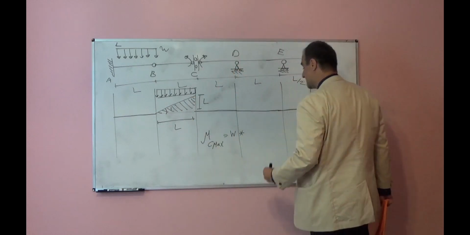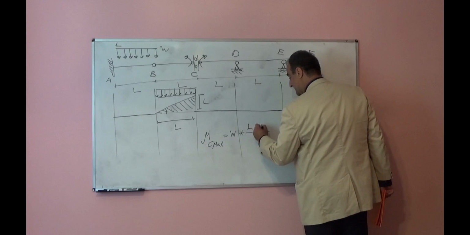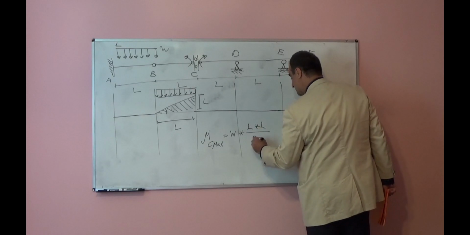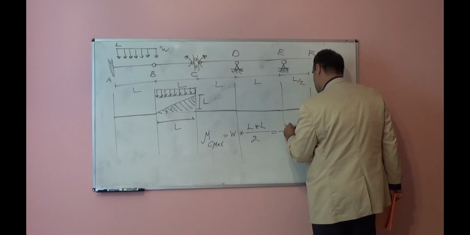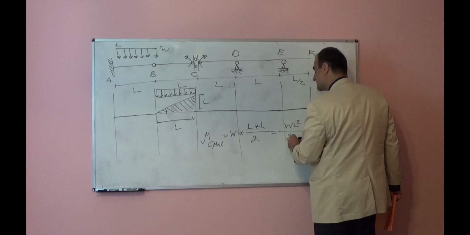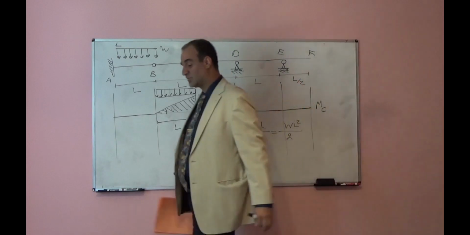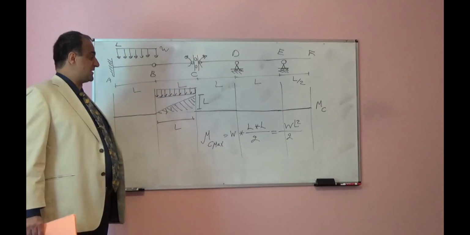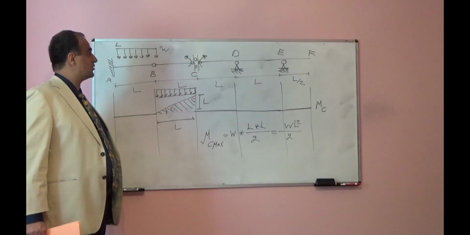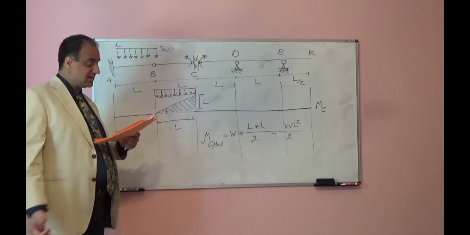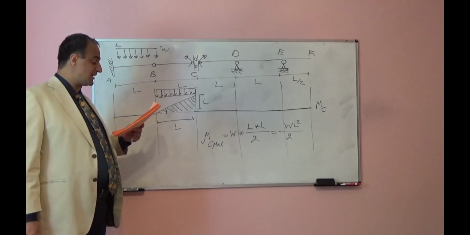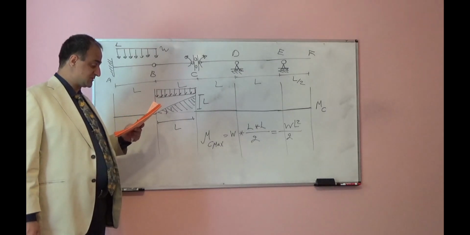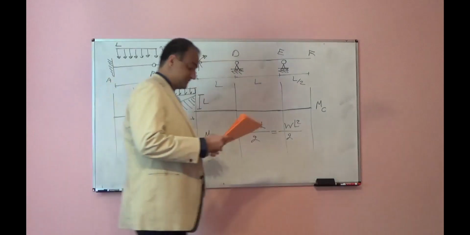The area for that will be L times L divided by 2. This will be WL squared over 2. So if we put that traveling load at BC span, we will have maximum moment at point C, and the magnitude of that moment will be WL squared over 2.